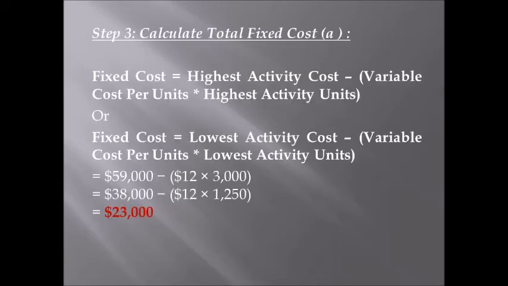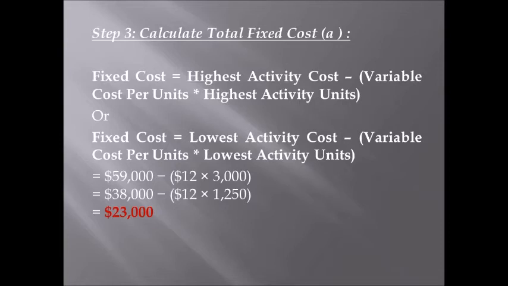Step 3, calculate total fixed cost. After determining the variable cost per unit, we can easily calculate total fixed cost. Total fixed cost equals highest level cost minus variable cost per unit multiplied by highest activity units, or lowest activity costs minus variable cost per unit multiplied by lowest activity units.